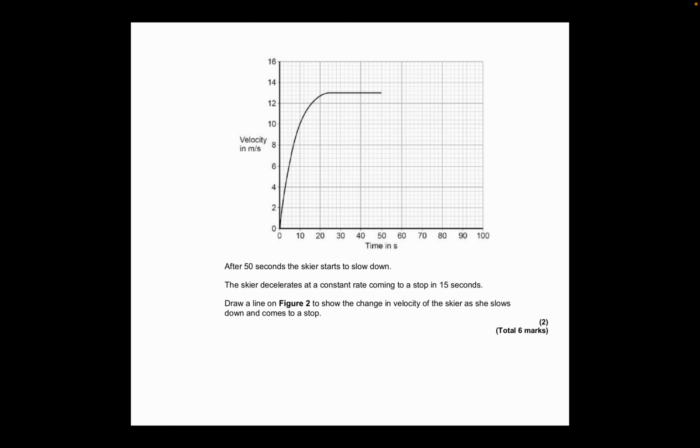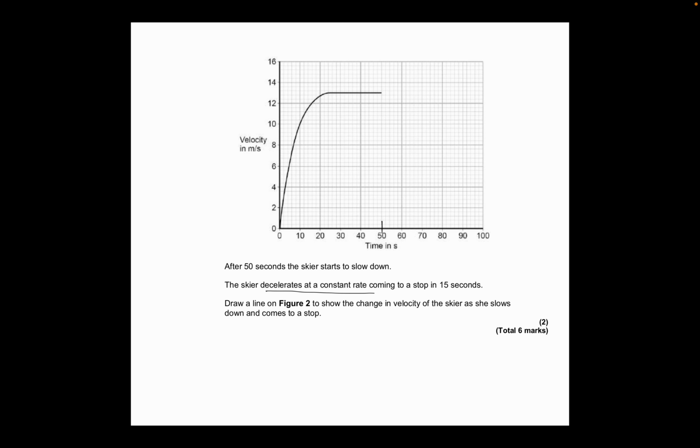So that means at a point here, this is 50 seconds, right? Since the skier starts to decelerate at a constant rate, coming to a stop in 15 seconds, that means it's going to be a straight line drawn downwards.